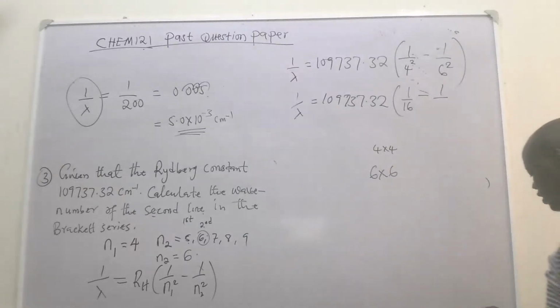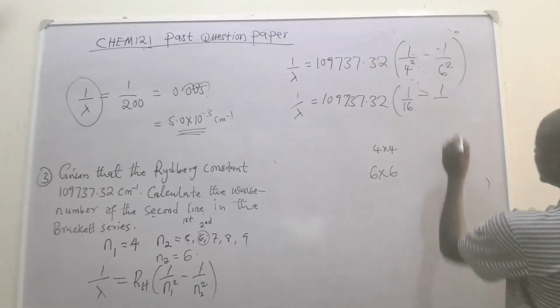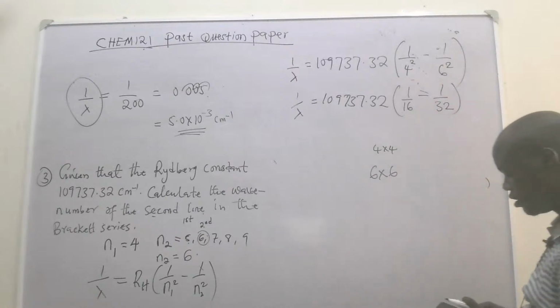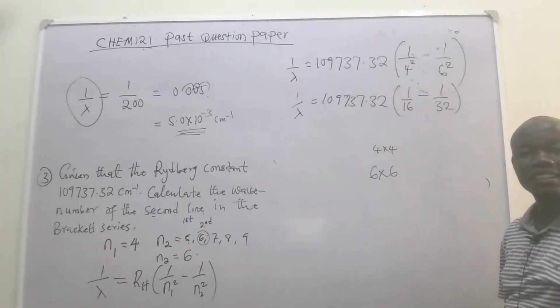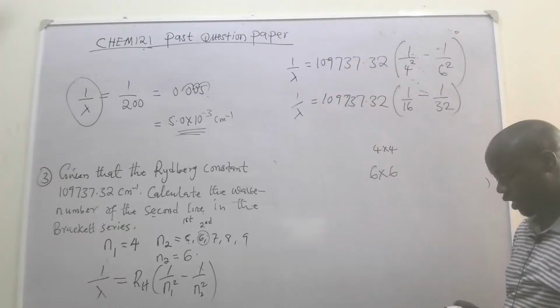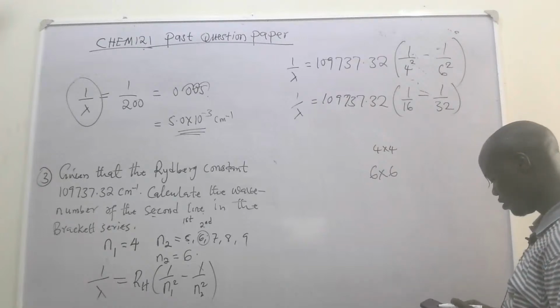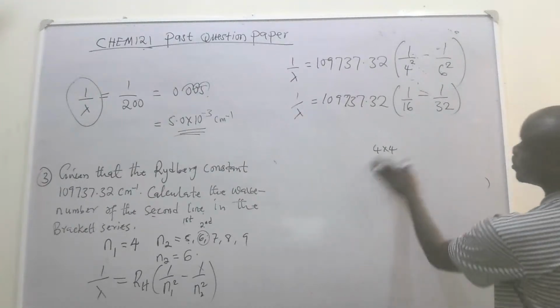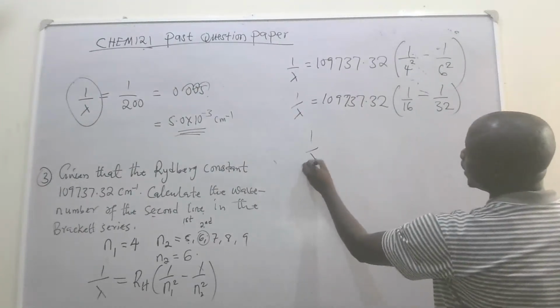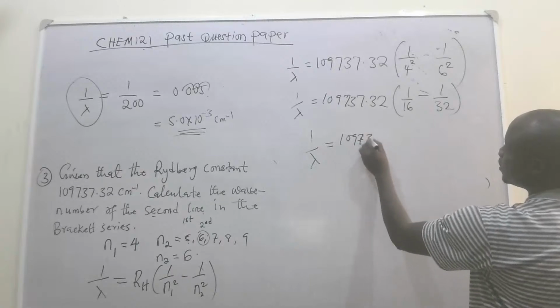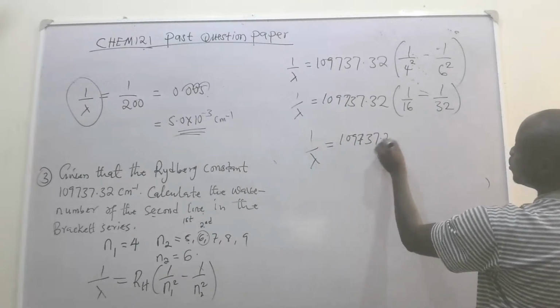Ladies and gentlemen, 6 times 6 is what? I think 6 times 6 is 32. Do you agree with me? 6 times 6 is, so it's 36. So therefore we now have 1 all over lambda is equal to 109,737.32.